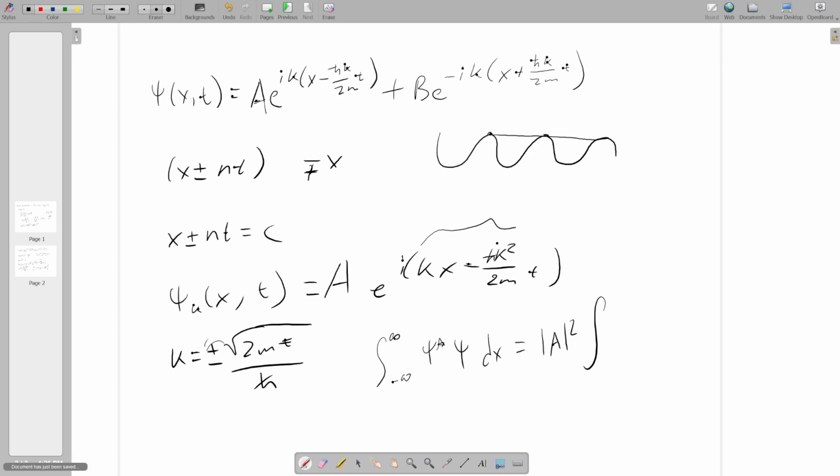We can just represent this as v, as anything. So we have e to the iv, and then we have the star, which is e to the negative iv. These cancel out. That's just 1. So this becomes 1, negative infinity to infinity dx. This becomes a squared times infinity.